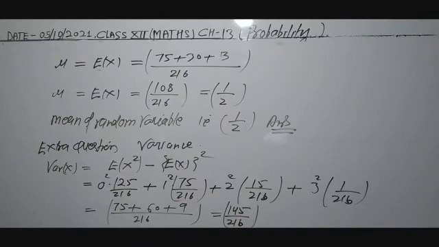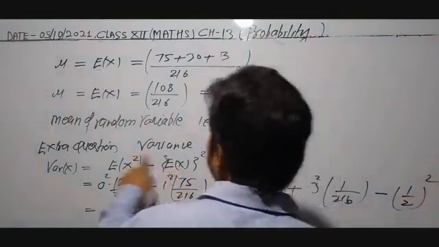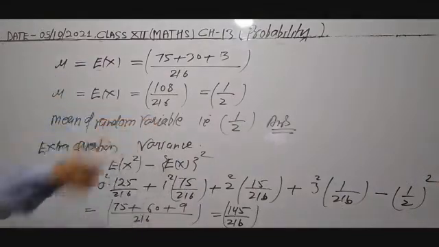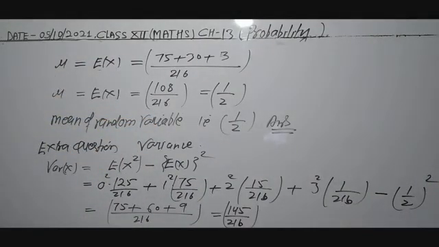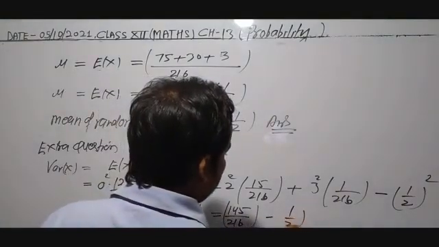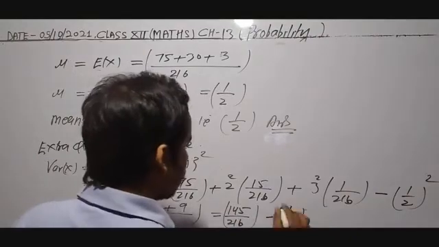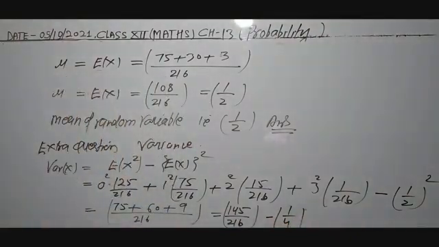And now we have to subtract 1 by 2 whole square, since I have calculated E of x as 1 by 2. Its calculation goes to 1 by 4. Now you can simplify easily.